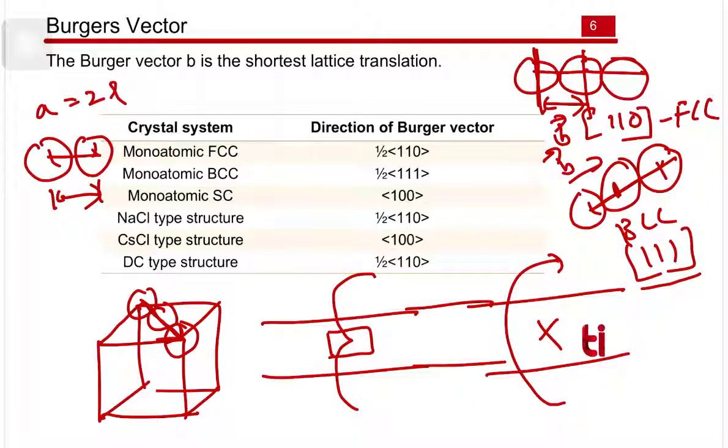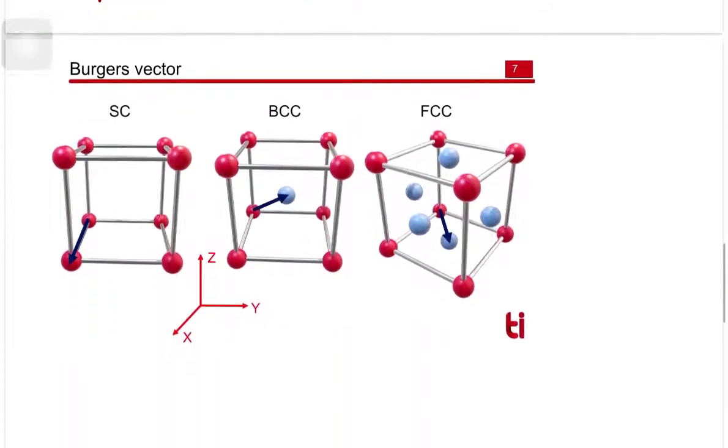This will be the Burgers vector, and this direction is 100. These are the Burgers vectors for monoatomic crystal structures. For NaCl, as an ionic solid, the dislocation cannot be anion to cation. It will be anion to anion or cation to cation. These are the Burgers vectors for ionic solids.